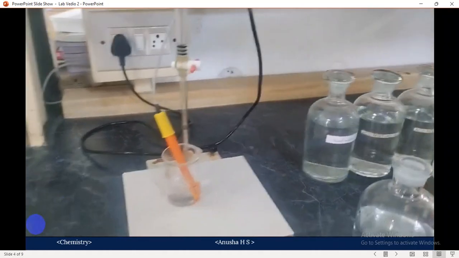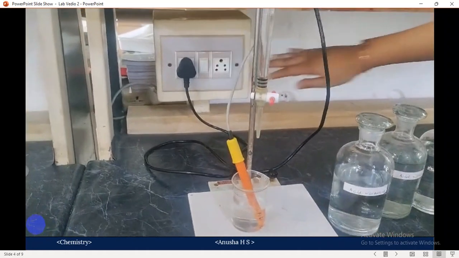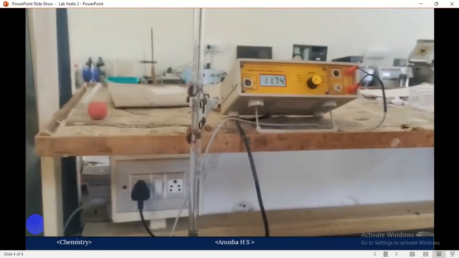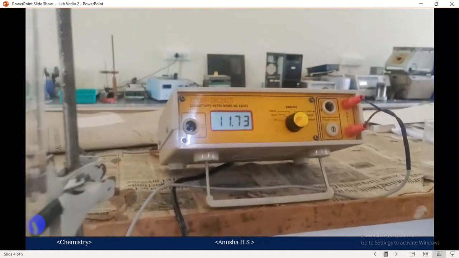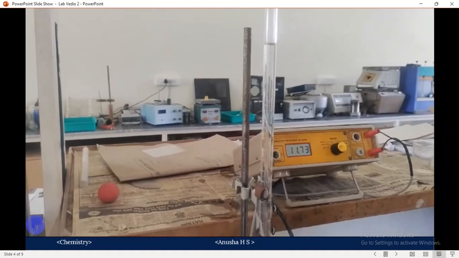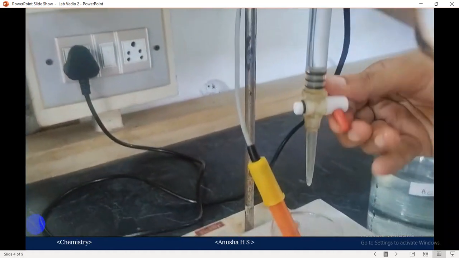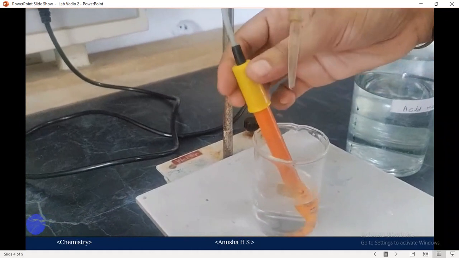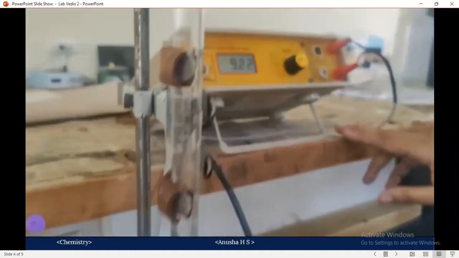Note the initial conductance of the solution, without adding the titrant. The initial conductance is 11.7. Now we add the NaOH solution into the beaker, mix it well, and note down the conductance.